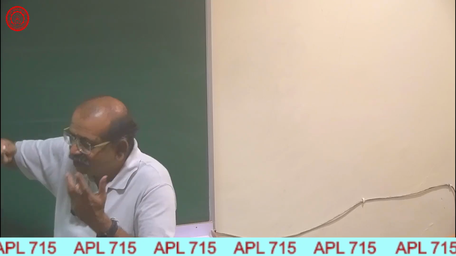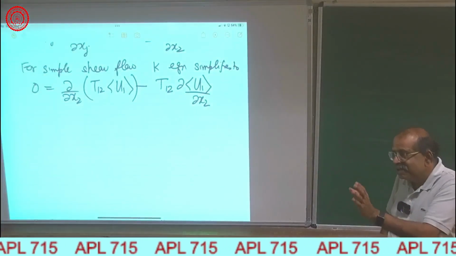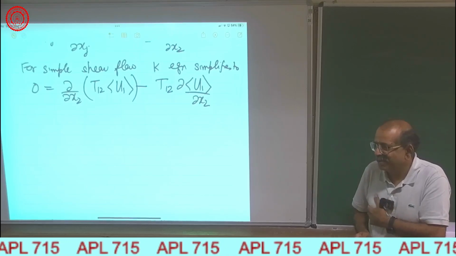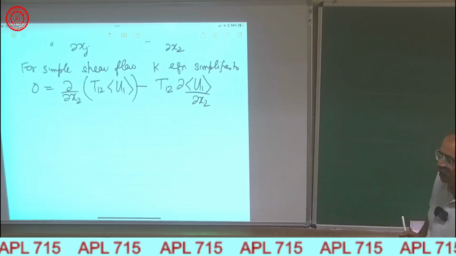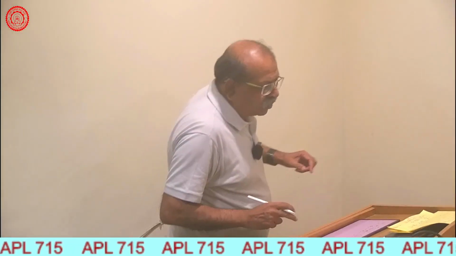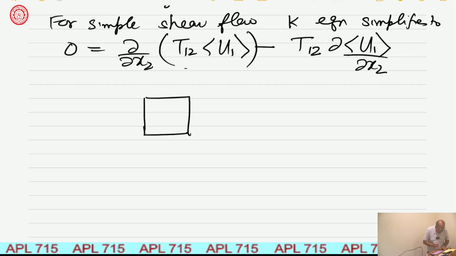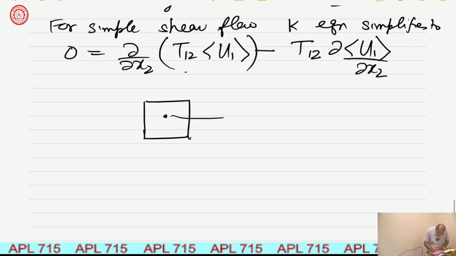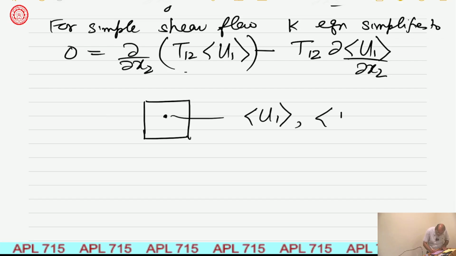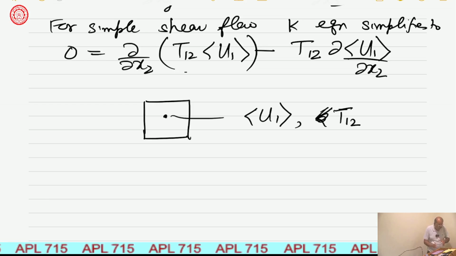That's the conclusion we will reach, in the limit when Reynolds number is high. So let's see that. To understand this first term, let's look at a square element. At the center of it, let the mean velocity be u1 and the stress be T12.